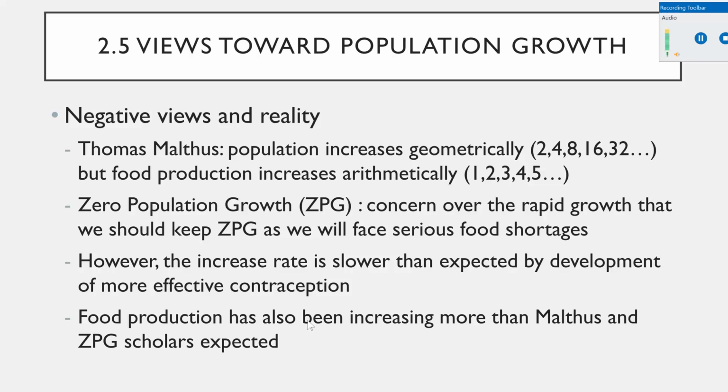The technologies of mass food production resulted in higher efficiency and volume of food production. So the scarcity of food is less serious than Malthus and ZPG scholars expected or were concerned about.